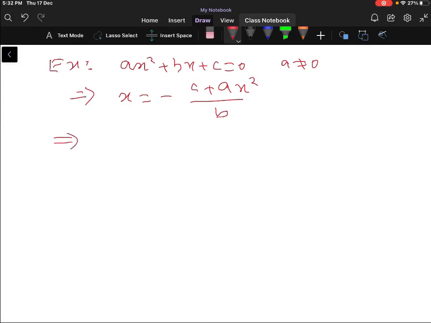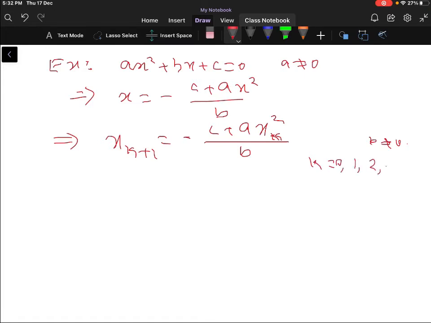So this implies xk plus 1 is equal to minus c plus a into xk square by b, b is not equal to 0 here, when k is equal to 0, 1, 2 and so on.